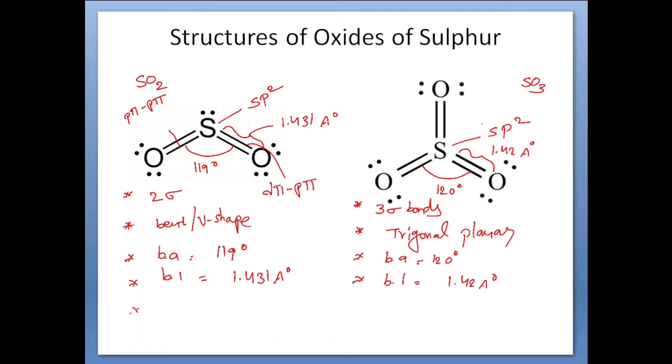In SO3, one pi bond is p pi type, and the remaining 2 pi bonds are d pi type. So these are the major structural differences between SO2 and SO3. Thank you.